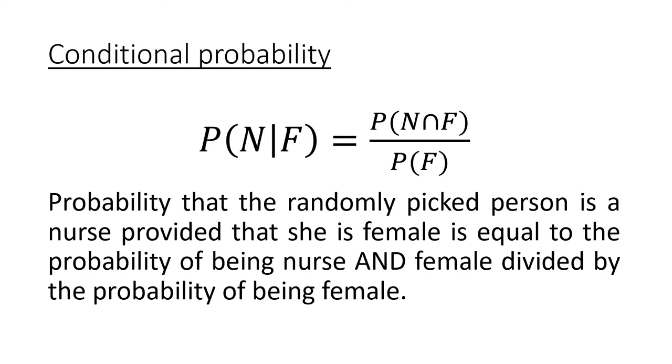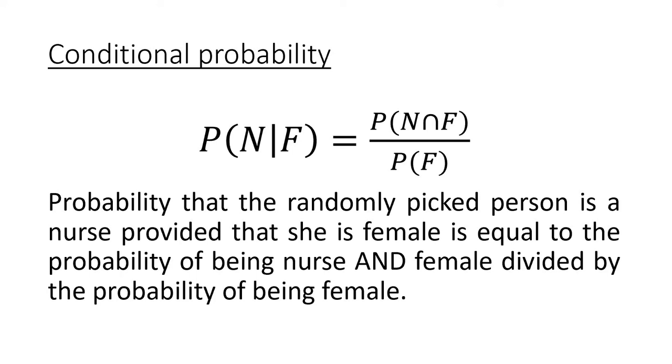So conditional probability that randomly picked person is a nurse, provided that this person is female, is equal to the probability that randomly picked person is a nurse and female, divided by the probability that randomly picked person is female. So we literally use this formula every time when we calculate conditional probability.